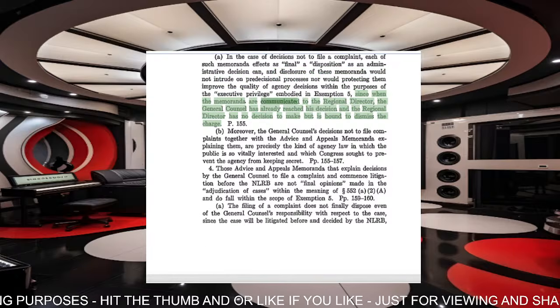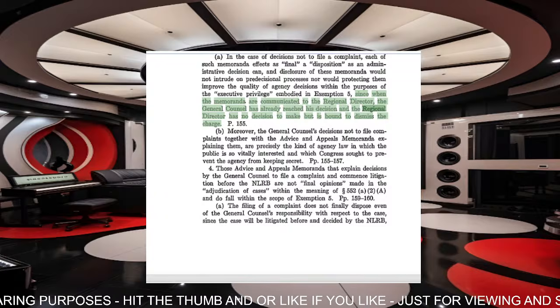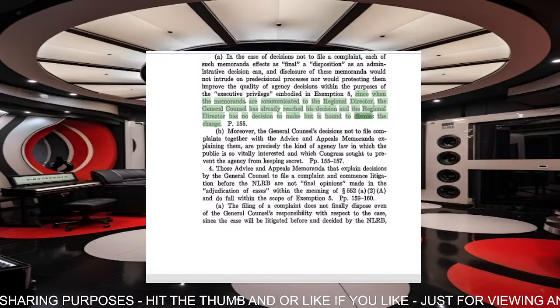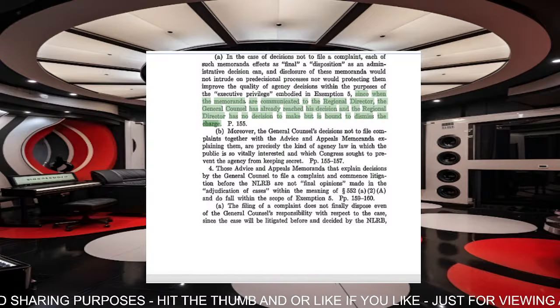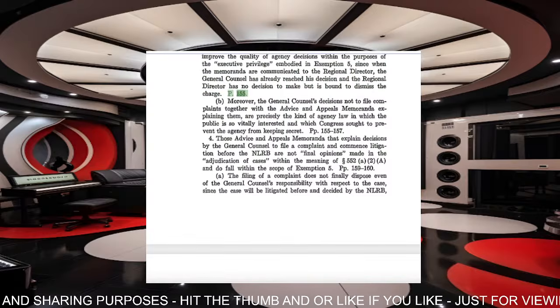Since when the memoranda are communicated to the regional director, the General Counsel has already reached his decision, and the regional director has no decision to make, but is bound to dismiss the charge. p. 155.